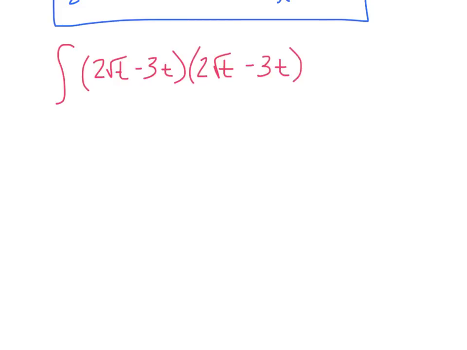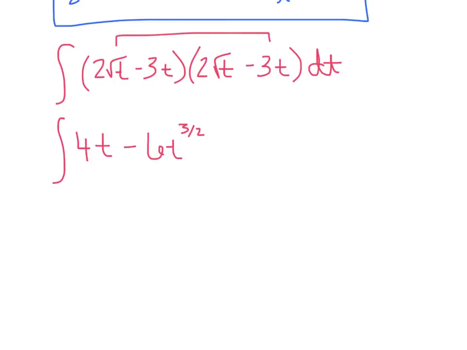And certainly if these t's make you panic, you can rewrite them as x's as long as you're consistent all the way through. So as I'm foiling, I'm going to get 4t minus, outer times outer is going to be 6t to the 3 halves. All I did is add my respective exponents. 6t to the 3 halves, and then plus 9t squared with respect to t.